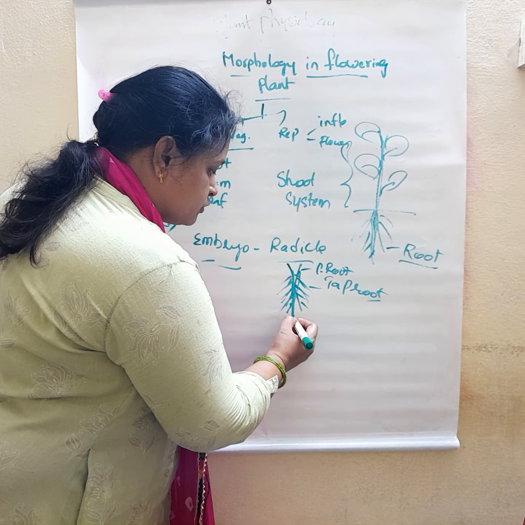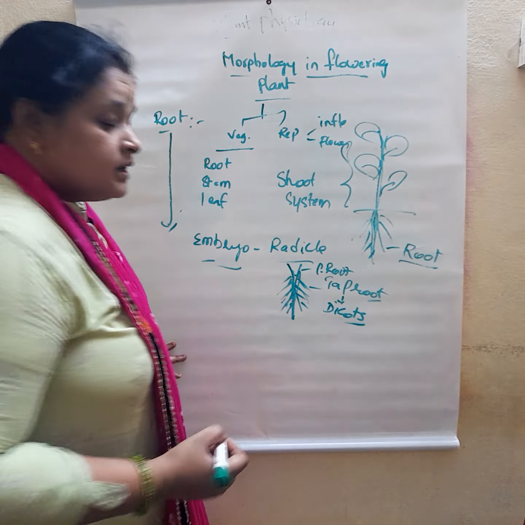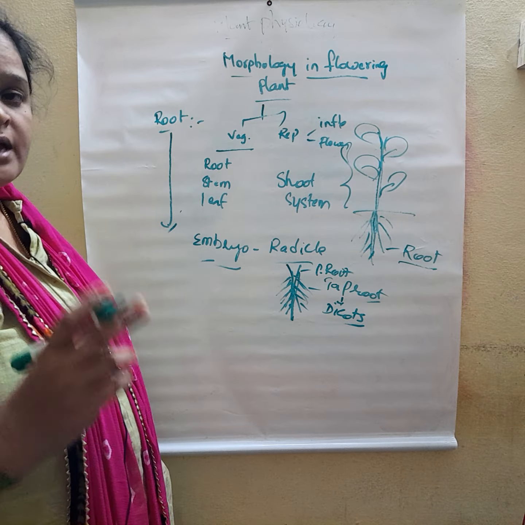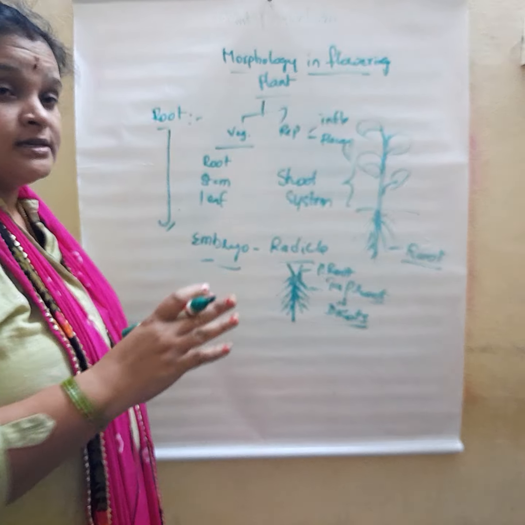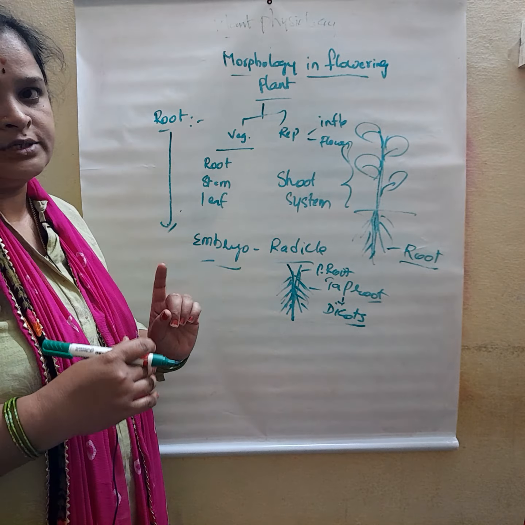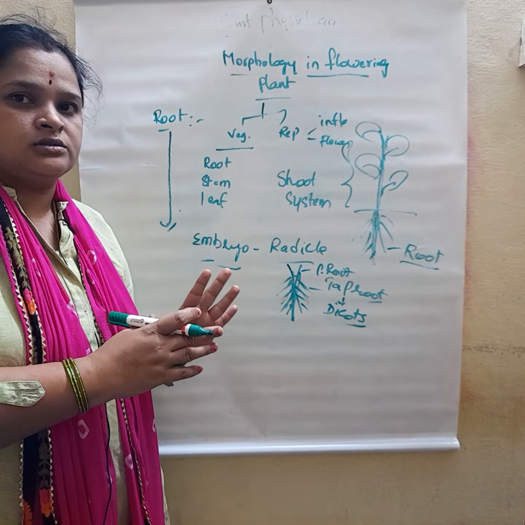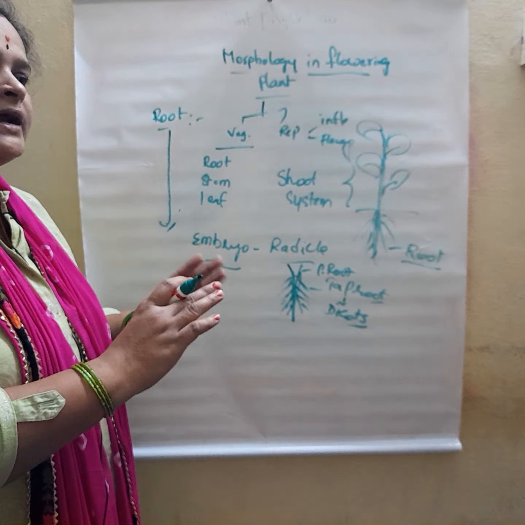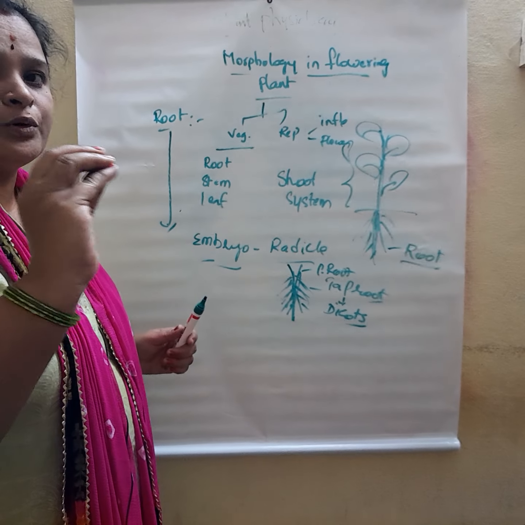The taproot is mainly seen in dicots. Dicot plants have two cotyledons in the seed. So in dicots the taproot system is present. It is the main characteristic feature of dicots. If you see a dicot plant, what type of root system does it have? It has a taproot system.